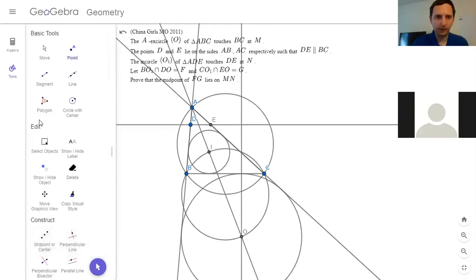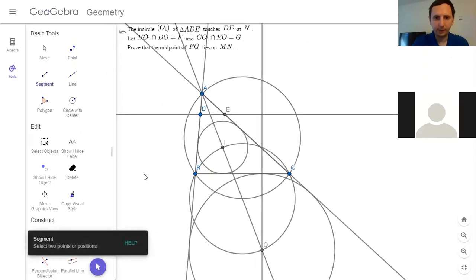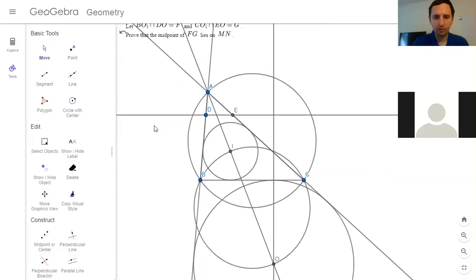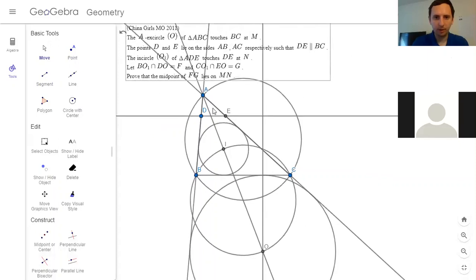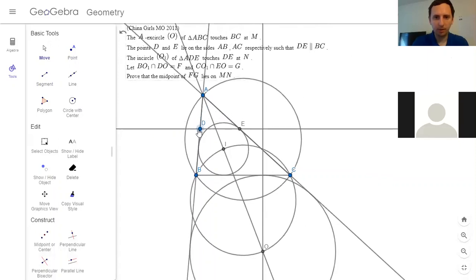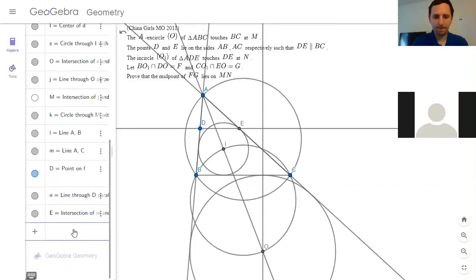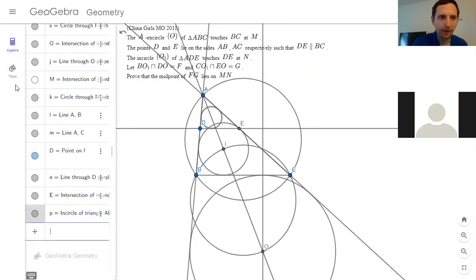This will be point E, and then we draw the incircle of ADE. So let me zoom out a little bit. It touches DE at point N.